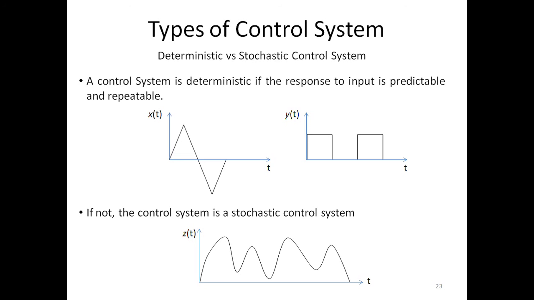It is a predictable and repeatable response. It continuously repeats after some interval. Whereas in z of t versus t, it is not at all predictable and it is not at all repeatable. So we can easily say this is an example of a stochastic control system.